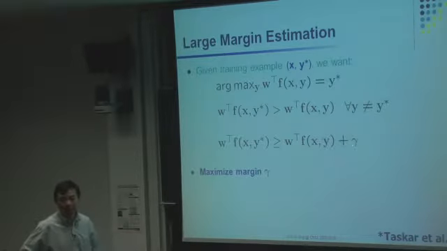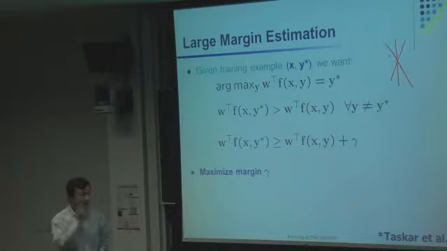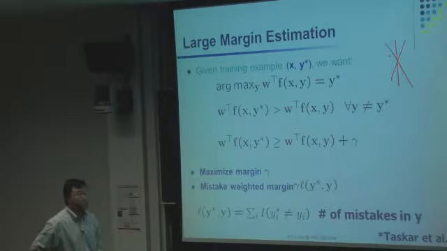So that means I have, for example, many ways of learning this W function, this decision boundary, but I want to make sure that it is in the right orientation, that my margin is the biggest on training examples.